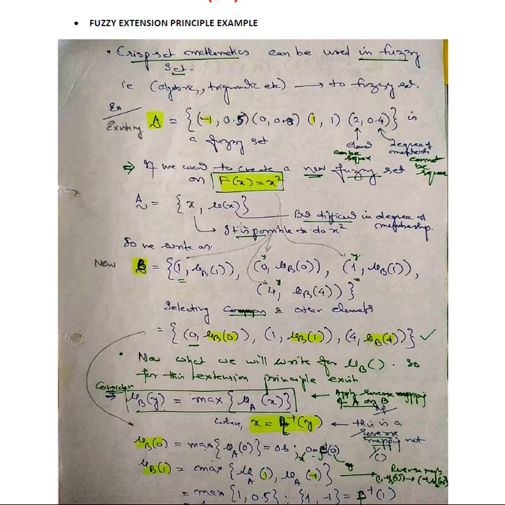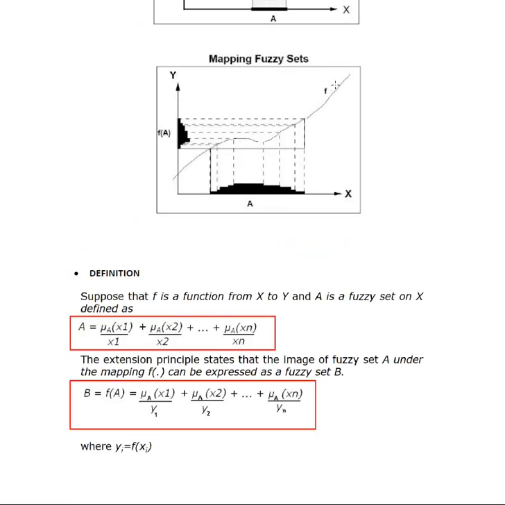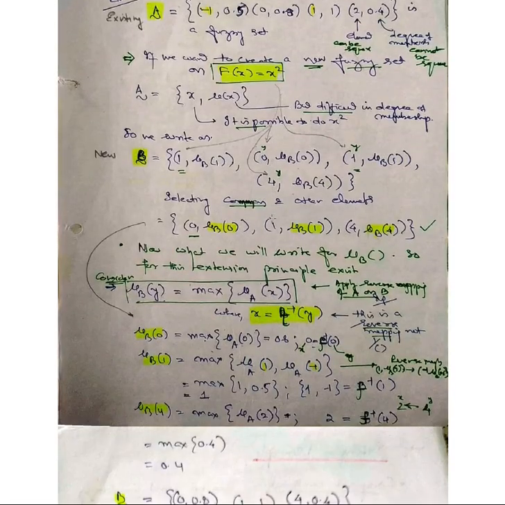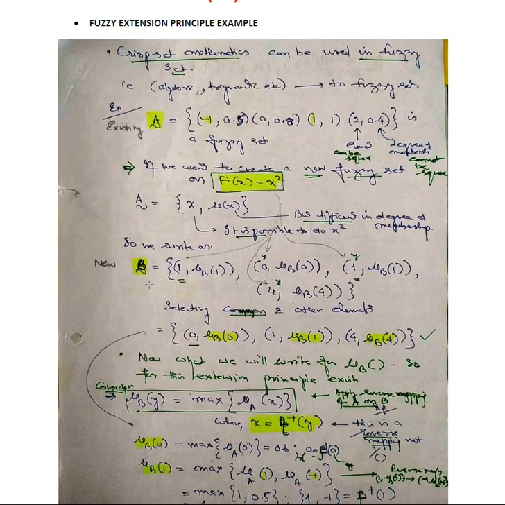So here A is the pairs x comma mu of x, and we have to create the new set using f(x) equal to x square. That means all element values are going to be squared. So the B set is written: square of minus 1 is 1, and 0 is 0.